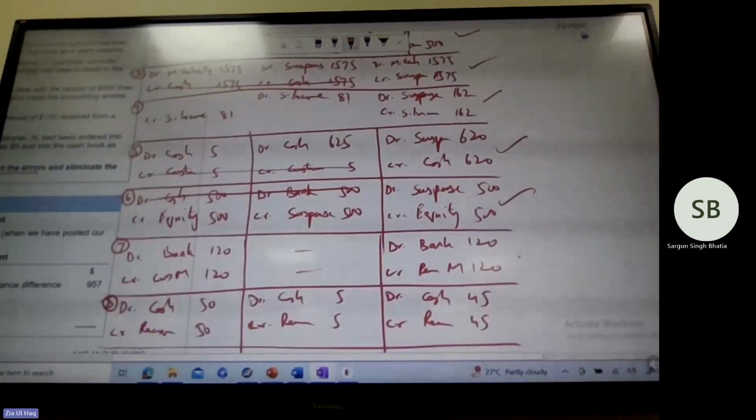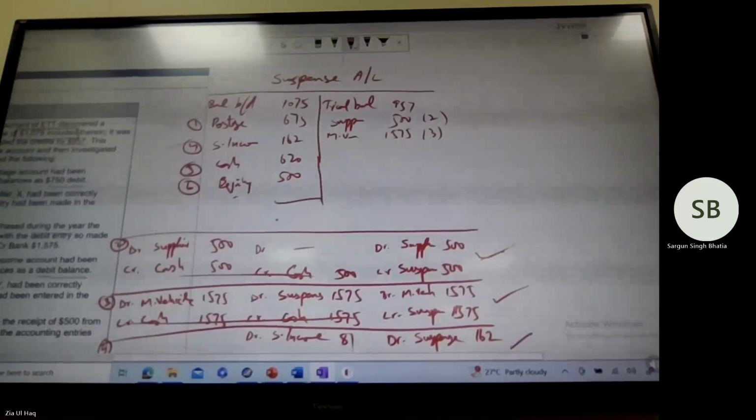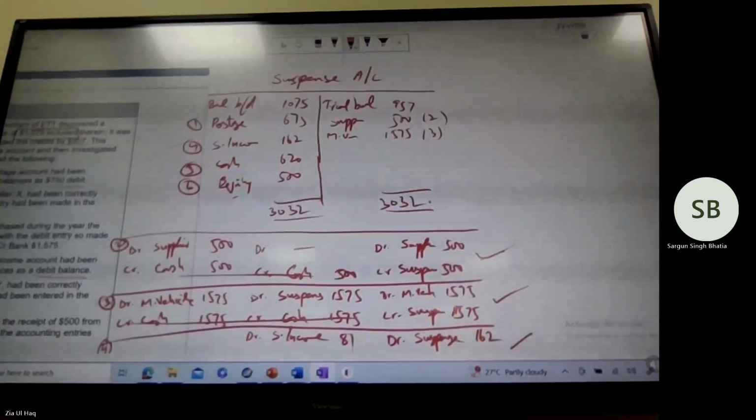In number seven, there is no suspense account. In number eight, there is no suspense account. Now, if we tally the suspense account, see the difference has been adjusted. Is the total 3032 on both sides? Yes.